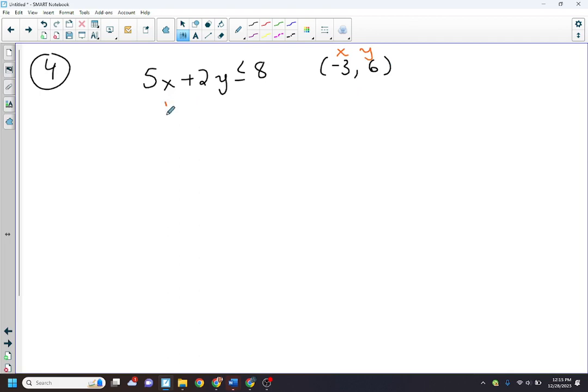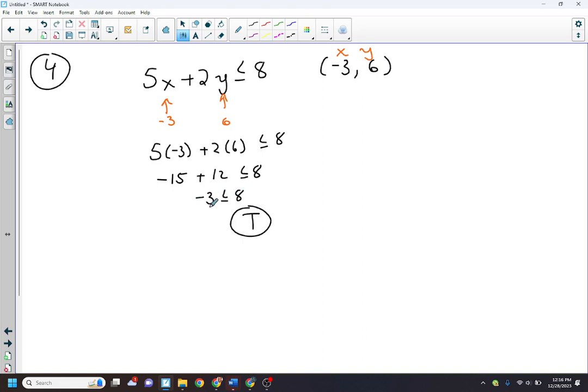So I'm going to take the x and plug in negative 3, and take the y and plug in 6. So 5 times negative 3 plus 2 times 6 is less than or equal to 8. Negative 15 plus 12 is less than or equal to 8. Negative 3 is less than or equal to 8. This is a true statement. So in these situations, you tell me, is it a solution or not? You can say yes or no, or true or false. I don't really care.